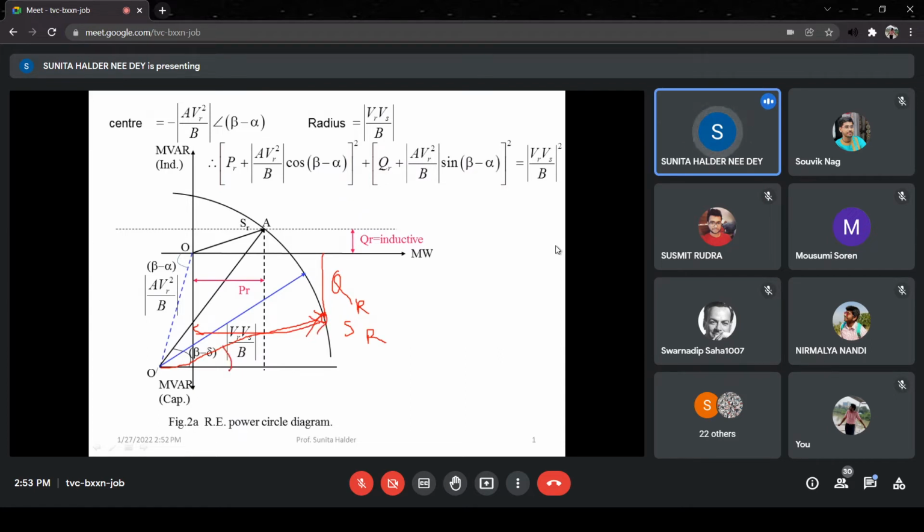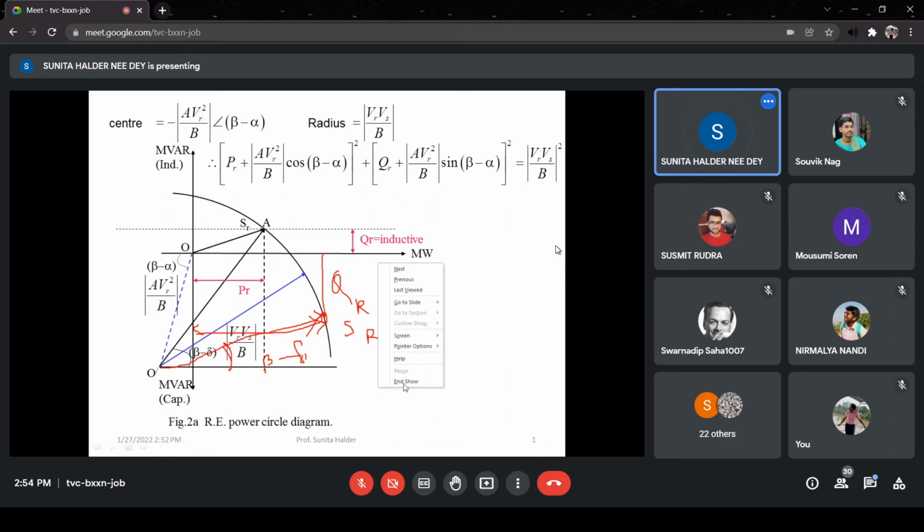And in that case, this will be beta minus delta, or delta 1, I may write. Now if delta is increasing, that means beta minus delta is decreasing. So when delta is increasing, the radius will move towards the horizontal axis. And finally, it will superimpose with the horizontal axis, beyond which beta minus delta will be negative, which will not be possible. So power transfer will not be possible.